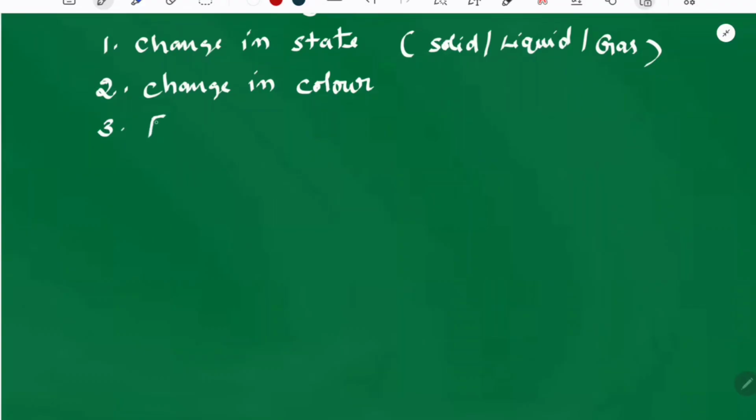In the third activity with zinc granules, we already discussed, no? In that, the gas evolved is hydrogen gas. In activity 1.3 we observed hydrogen gas is liberated in the given chemical reaction.